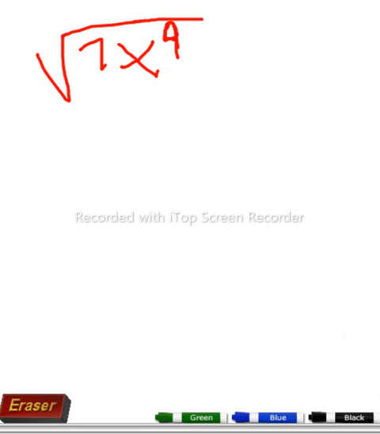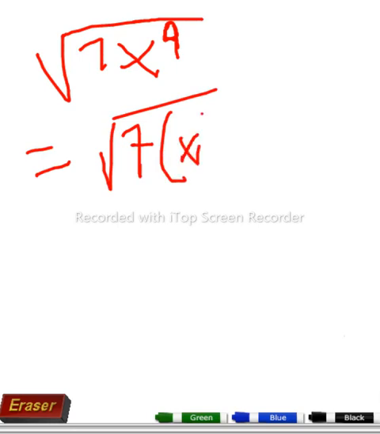Let us rewrite this equation as a simplified equation. We can write 7 times x to the power of 3, the whole.